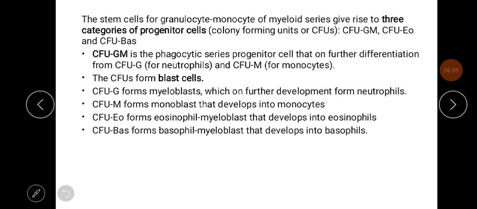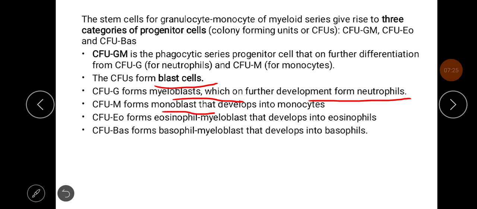The CFU-GM, granulocyte monocyte, is the phagocytic series progenitor cell that on further differentiation gives CFU-G for neutrophil and CFU-M for monocytes. The colony forming units form blast cells. CFU-G forms myeloblast, which is important for the development into neutrophils.